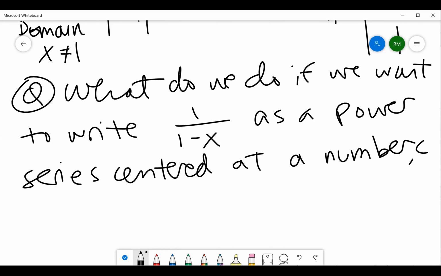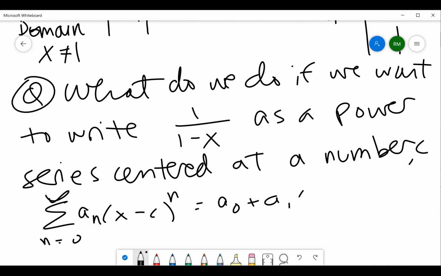Remember, a power series centered at c looks something like this. So the first power series we had was centered at 0, and maybe we want to center it around a different number.